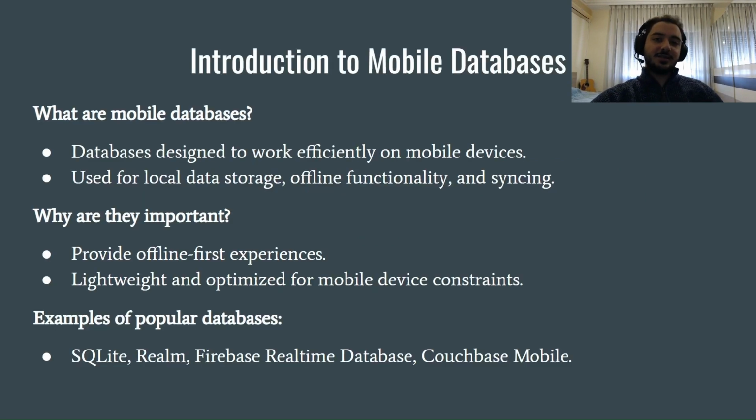So you might be asking yourself, what is a mobile database? Well, mobile databases are especially designed to handle the constraints of mobile devices, such as limited memory, battery life, and processing power. They enable apps to store data locally, provide offline access, and sync when online.